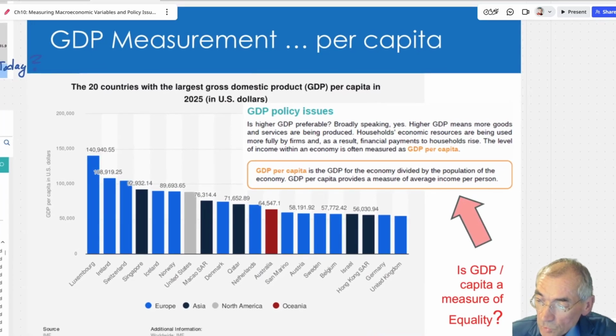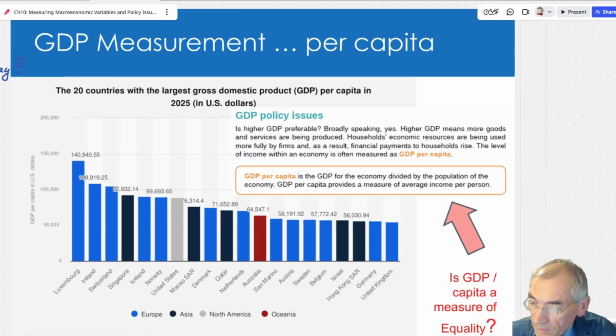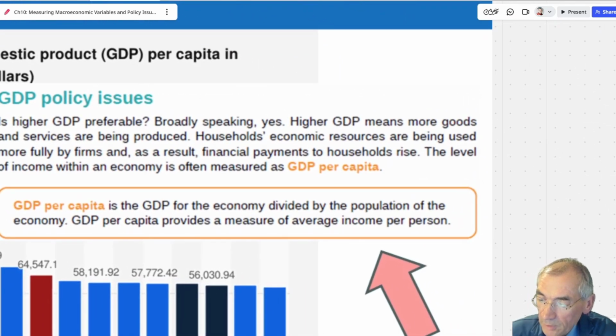Another measurement issue: GDP measurement per capita. We have the definition in our book, I copied it here from the book. Per capita is the GDP for the economy divided by the population of this economy. GDP per capita provides a measure of average income per person. Now that will be again an issue to be discussed. What does average mean?